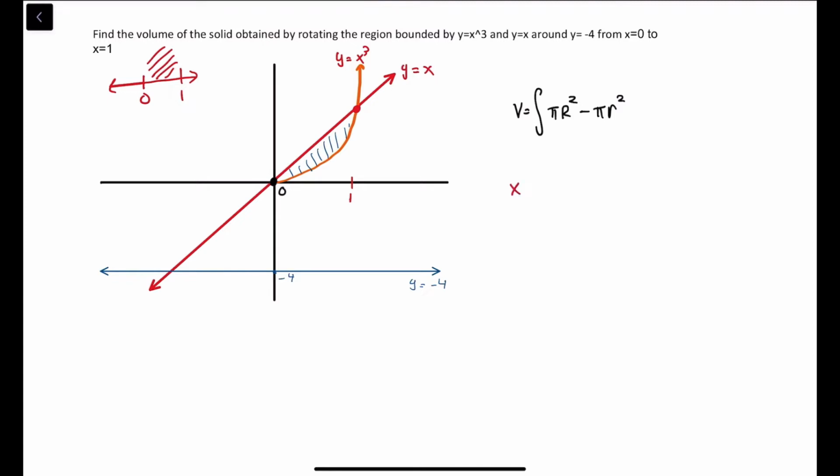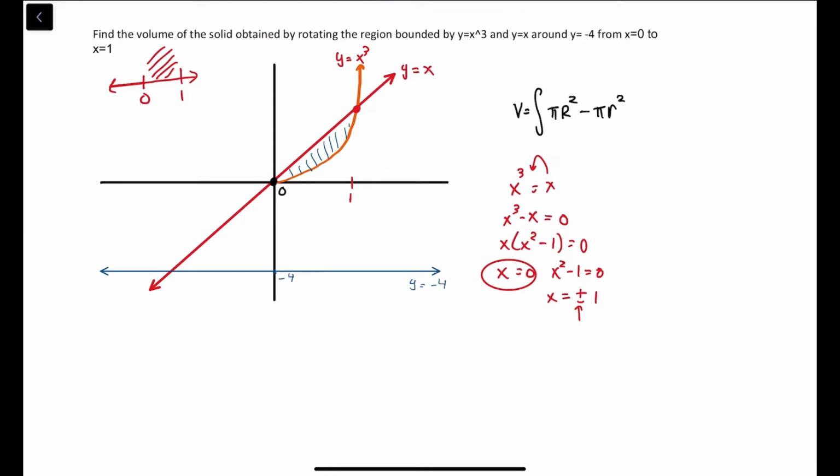So here to show it, I would set x cubed equal to x. I'll move the x to the other side, so x cubed minus x equals 0. Factor out an x, you get x squared minus 1 equals 0, and then x equals 0, and then x squared minus 1 equals 0, and then you get x equals plus or minus 1. So right here, the reason that we're gonna cancel out the minus 1 is because it's not in our domain.